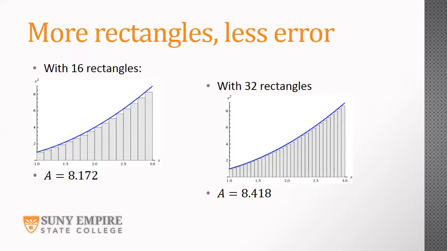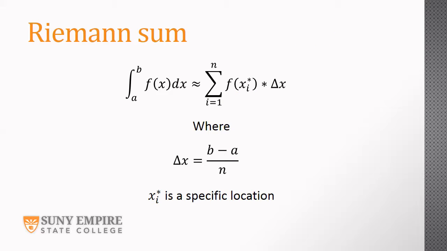When completing the work by hand, we may likely want to remain in the under 10 rectangle region. If we could program a computer to do the work for us, we can use many more rectangles to approximate our area. The general process for approximating the integral is to create a Riemann sum.